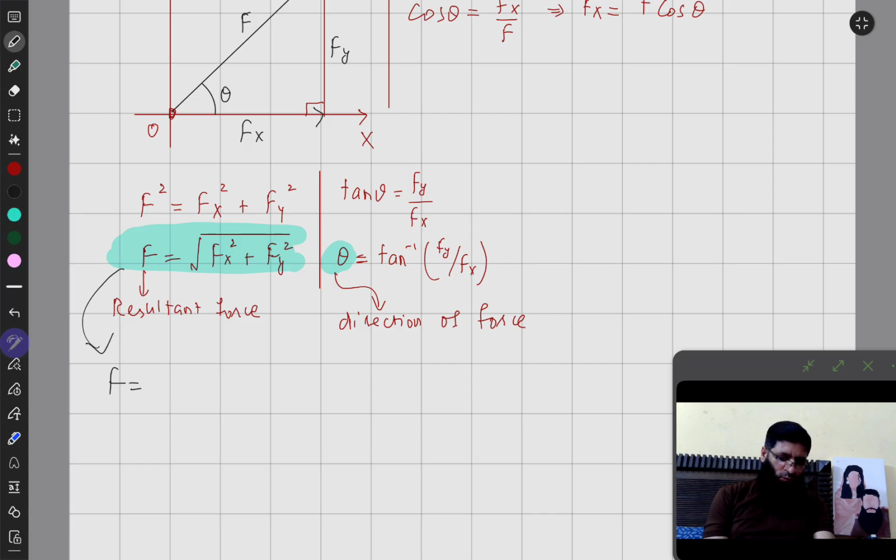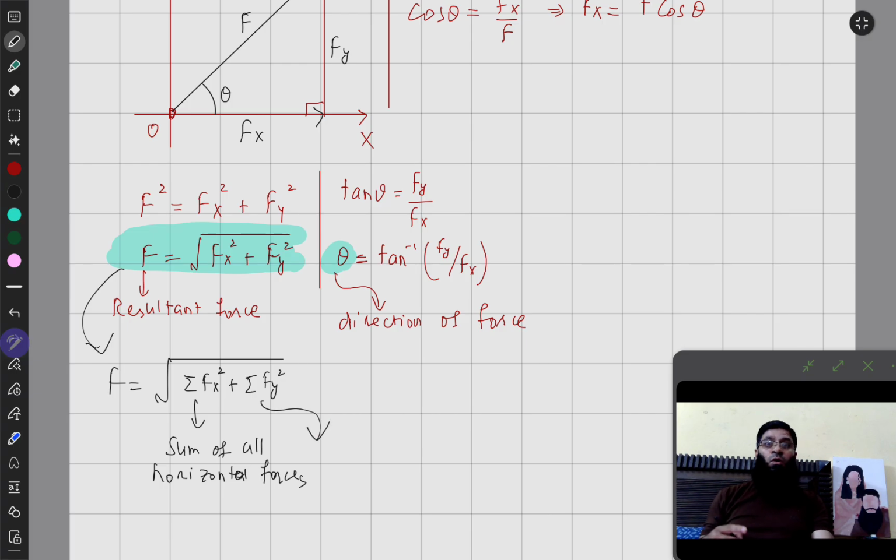F is equal to square root of summation Fx squared plus summation Fy squared. This is basically the sum of all horizontal forces. Similarly, summation Fy squared will be the sum of all vertical forces.